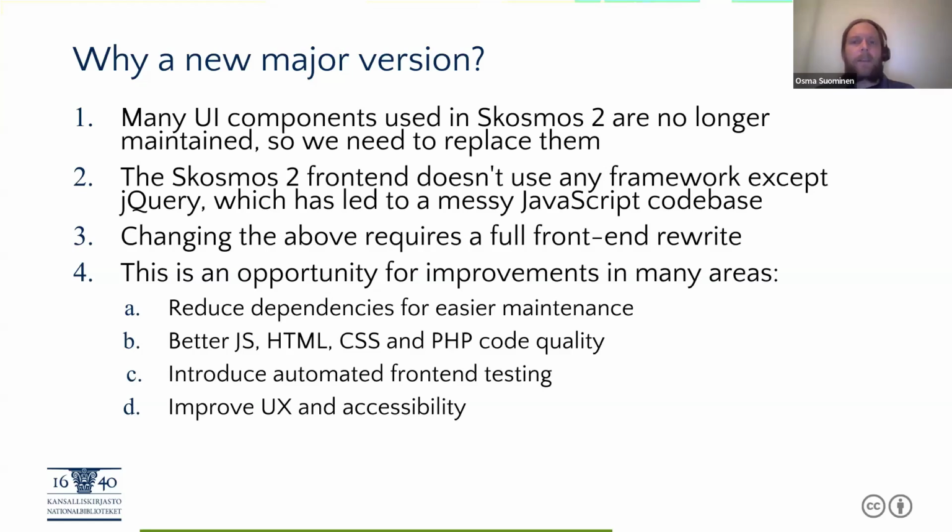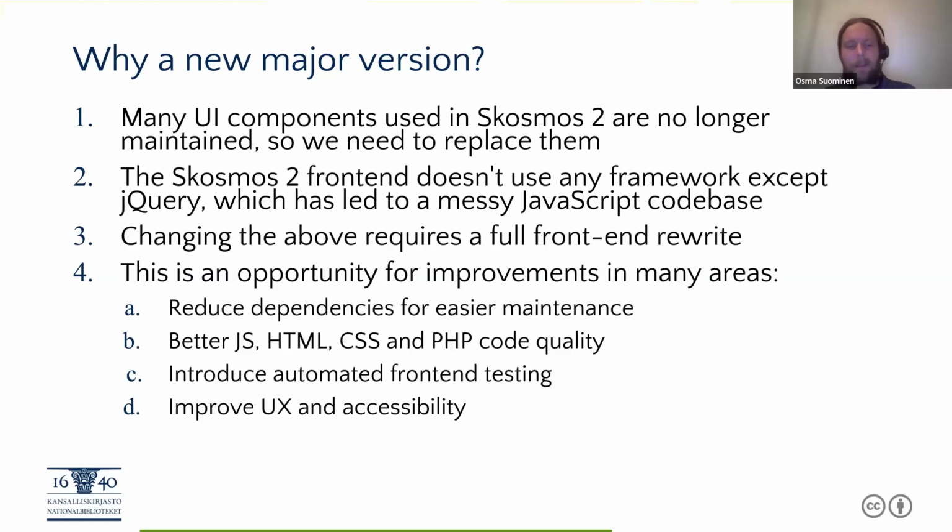And the second reason was that while the back end of Skosmos, we were quite happy with that, the front end was kind of built organically over the years by many different authors, and it became quite messy. And one, but not the only reason for this was that it was based on the jQuery library, which is a very nice JavaScript library for making this kind of dynamic features into a web page, but it doesn't really provide a solid framework for making a full application.